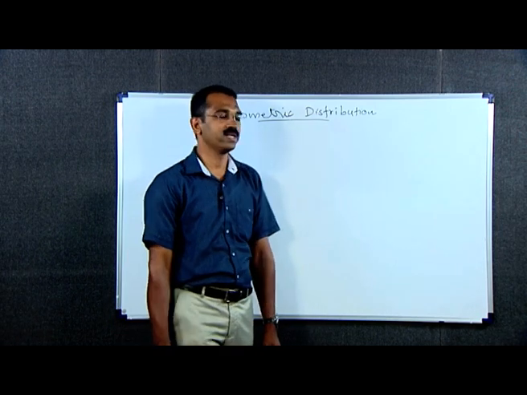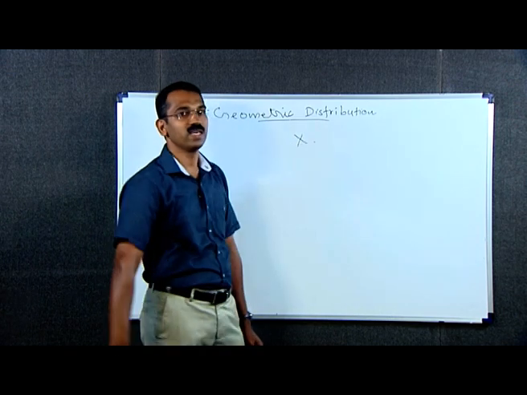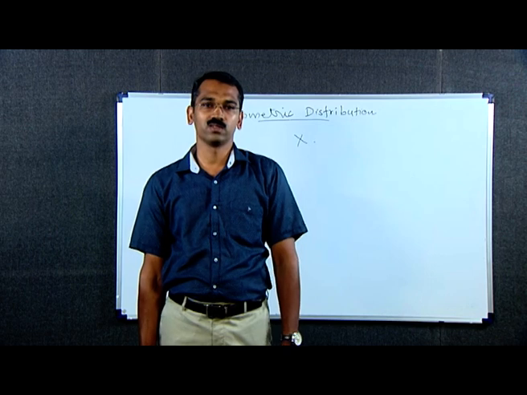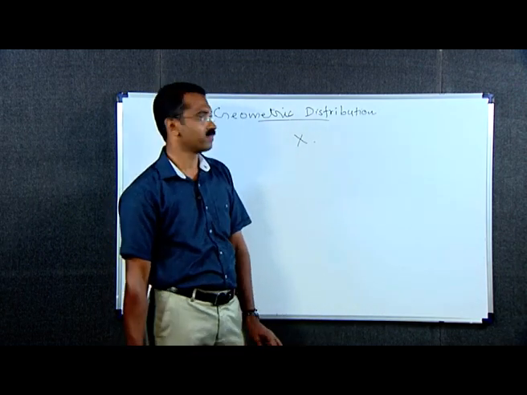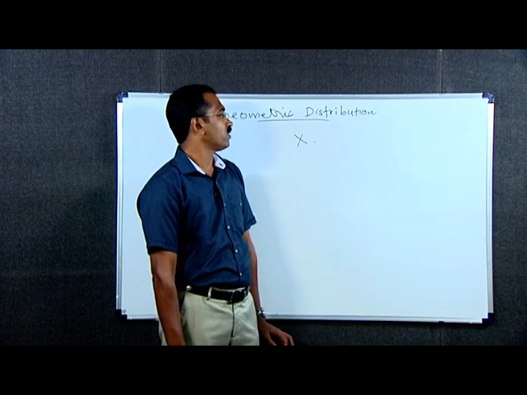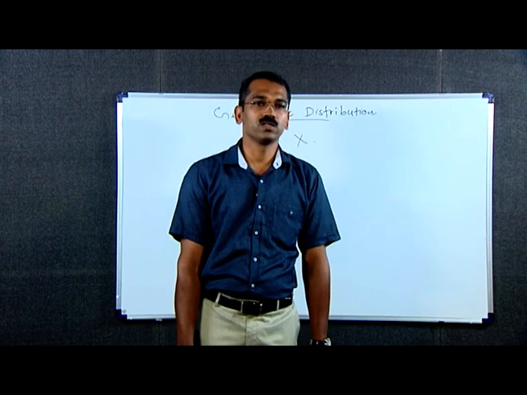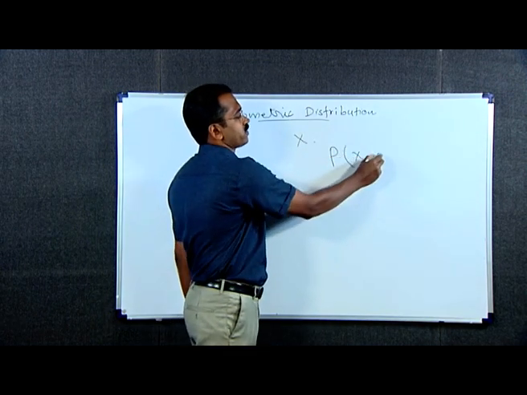Now we define a variable X as the serial number of the trial of the experiment in which the first success occurs. Then we have to find the probability of X equal to x.